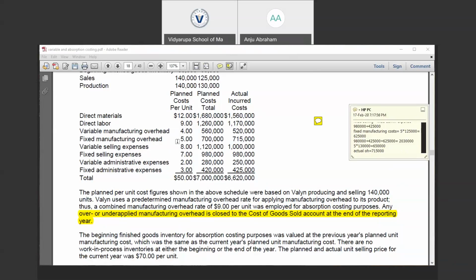So we just take the actually incurred fixed manufacturing overhead 750,000, fixed selling 980,000, and fixed administrative cost 425,000 to arrive at the total fixed cost to be expensed in this particular period.